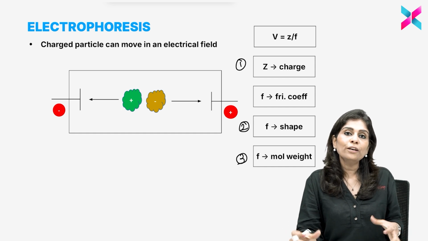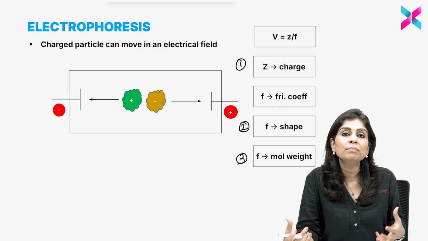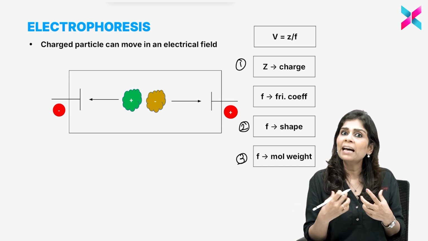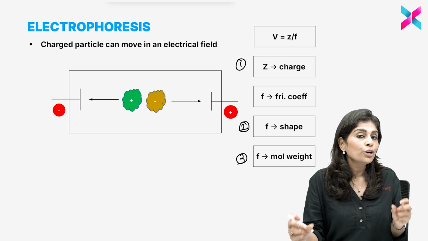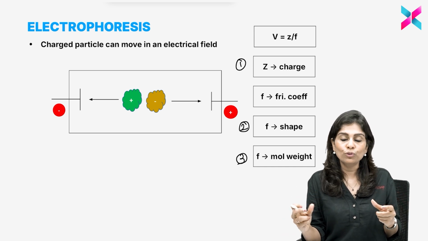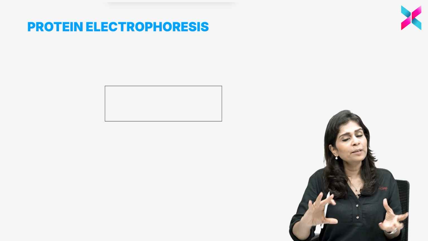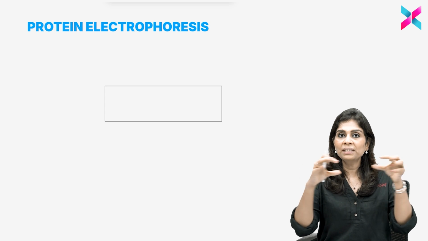Okay, this way if you try to separate proteins in electrophoresis, by proteins I mean serum proteins, right? Have you seen serum protein electrophoresis being done? Usually serum protein electrophoresis is done on a glass slide, something like this. Sometimes we also use a membrane, and what I've shown you here is a simple glass slide.